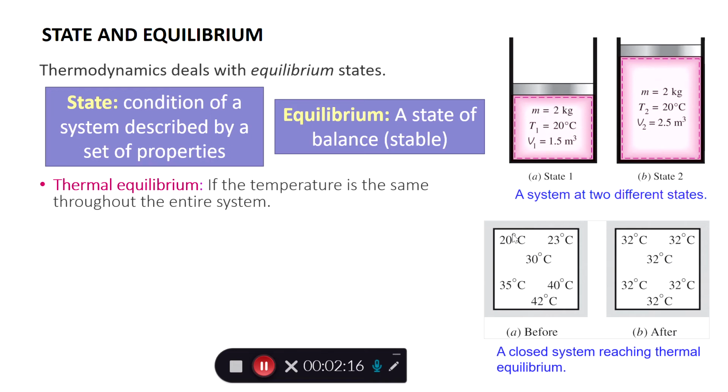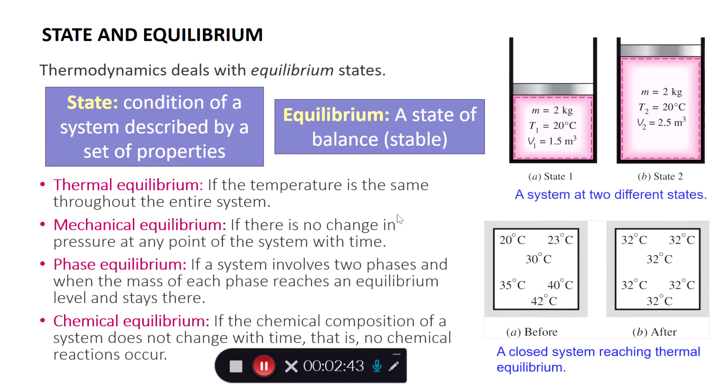But eventually, you know that the temperature is going to stabilize. It's going to have an equal temperature throughout the system. So that is the second state, after reaching thermal equilibrium. It's impossible for us at this level to study the changing state, so we study the equilibrium state, right?